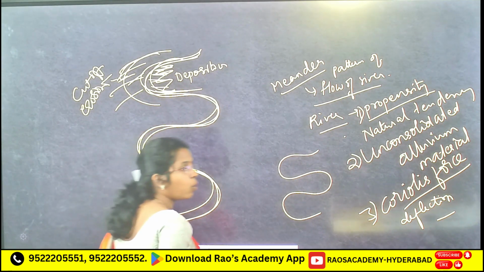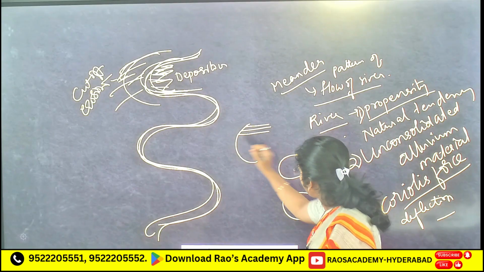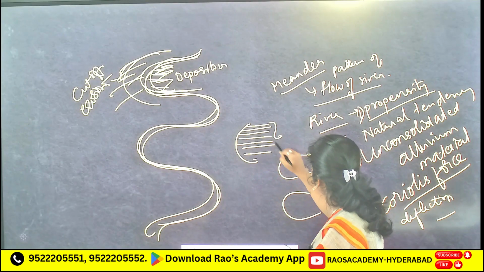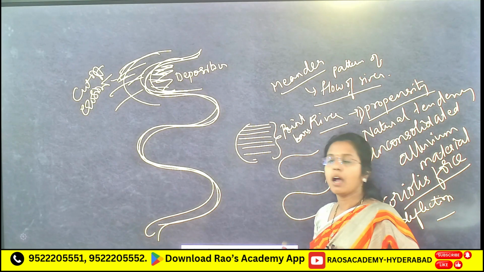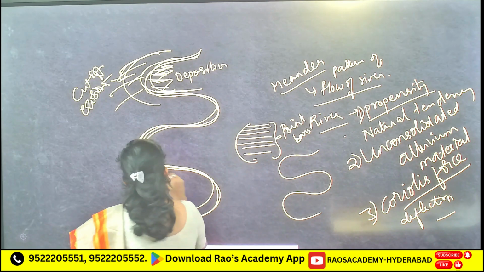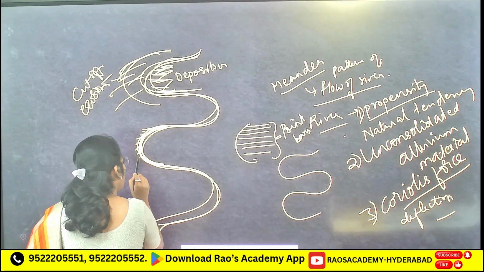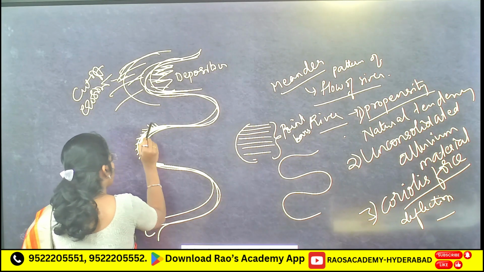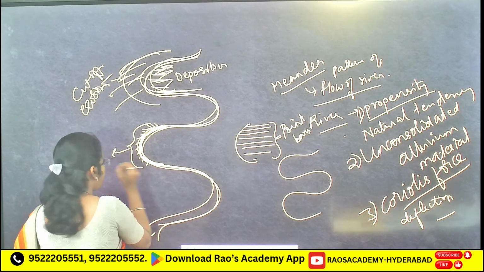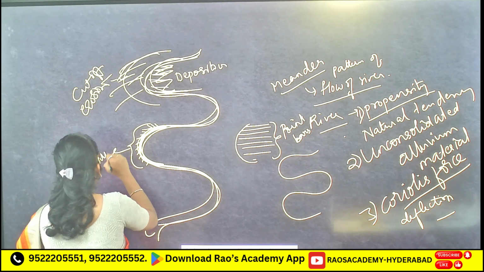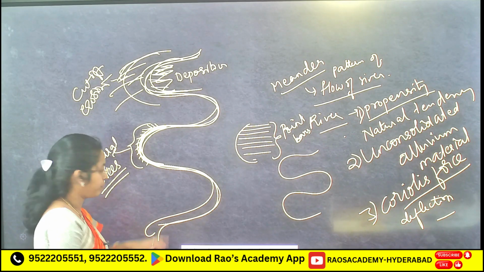When deposition happens in a linear way inside on the concave side, those are known as point bars. On the convex side, low parallel linear ridges formed by deposition are known as natural levees. Clear?